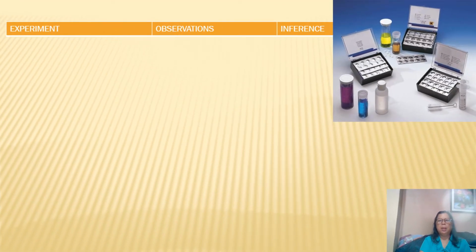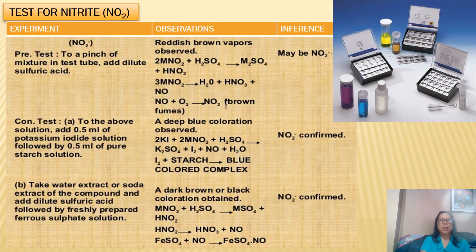Now, there are prepared test kits for some unknowns or some ions, like for the case of nitrite. Usually, nitrite determination is done to determine the quality of water, especially for wastewater coming from industries, whereby nitrate is very high, thus causing the biological oxygen demand of the nearby river.